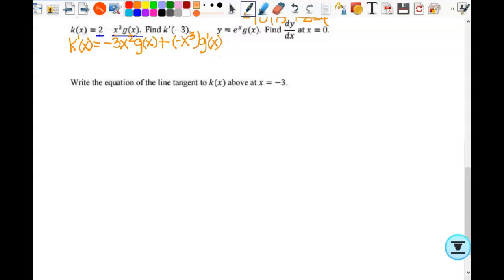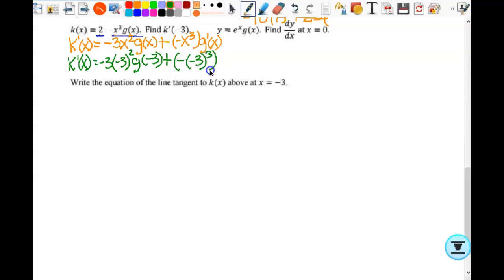Everybody okay with that? Could I clean this up and change that plus to a minus? Yeah, but I don't need to. I can go ahead and substitute stuff in, and I'm going to get k prime of x equals negative 3 times negative 3 squared, right, times g of negative 3 plus negative 3 cubed.